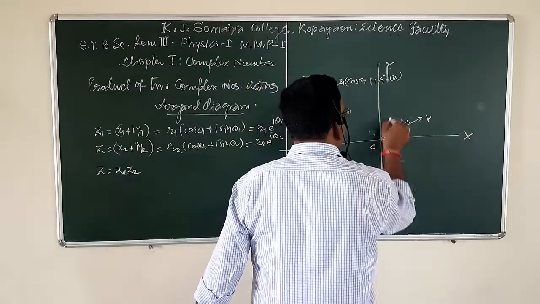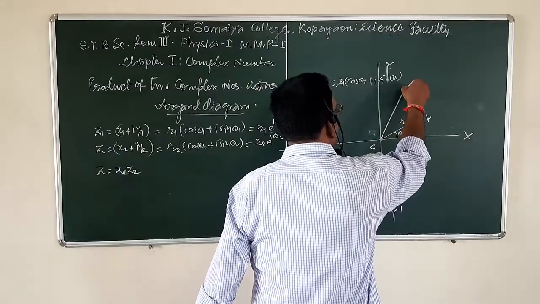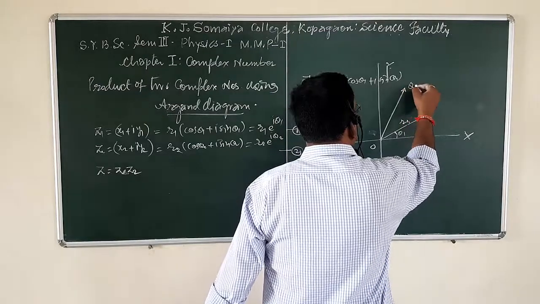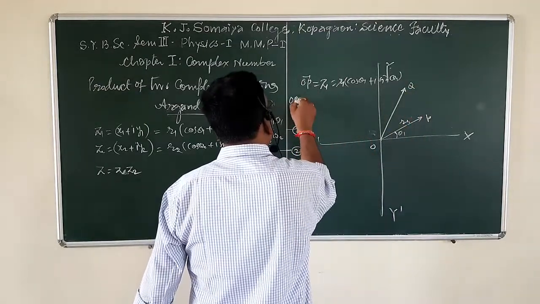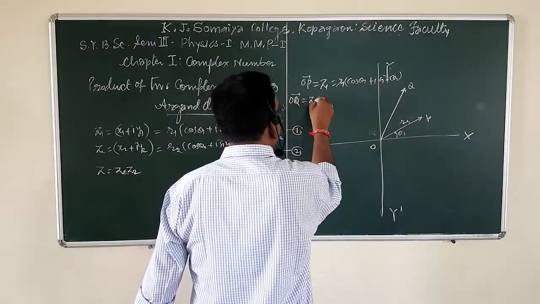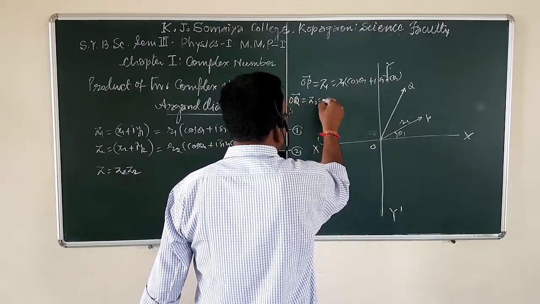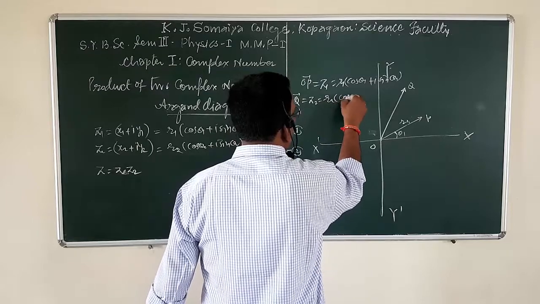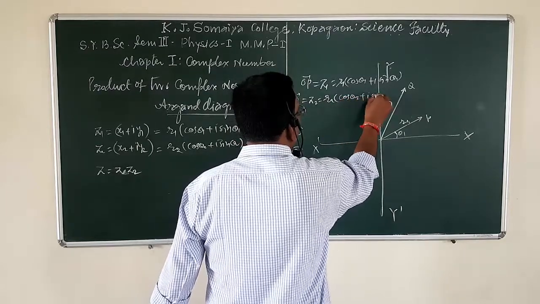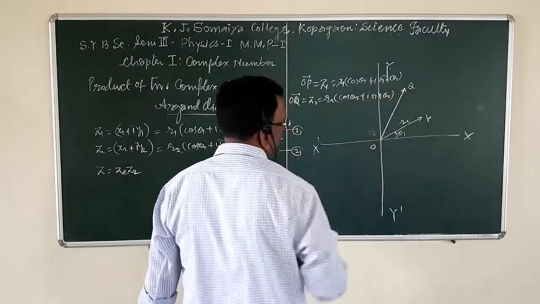Now consider the second complex number, vector OQ. Here vector OQ represents the second complex number, that is Z2 is equal to r2 cos theta 2 plus i sin theta 2.